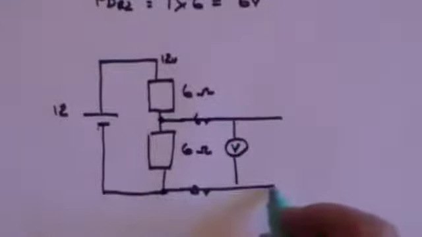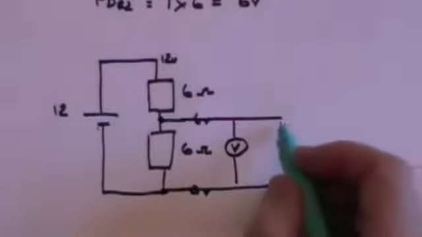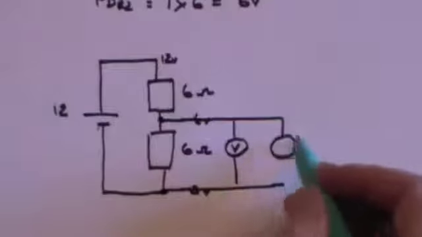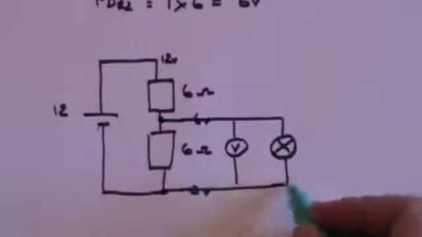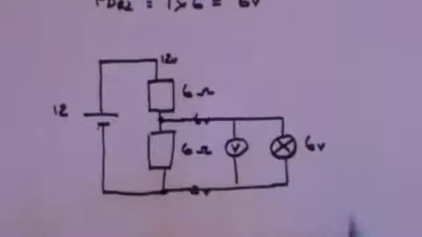So you've effectively got 6 volts coming out of here, which means that you could put a filament lamp that is rated 6 volts across there and it would light up. If you put the 6 volt bulb or filament lamp across a 12 volt battery, it would probably burn out.